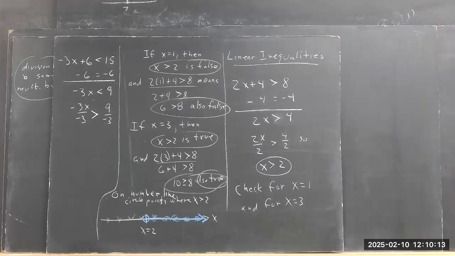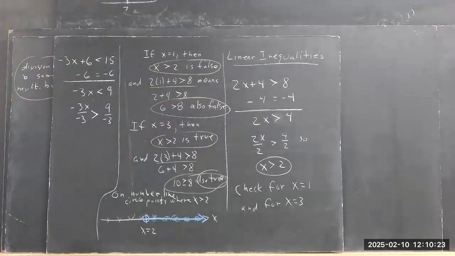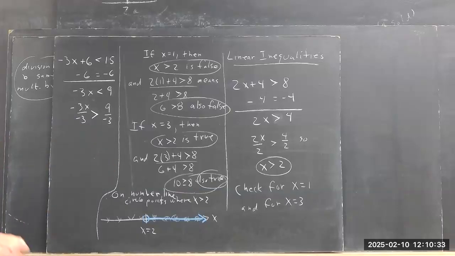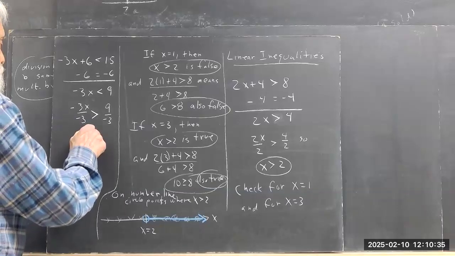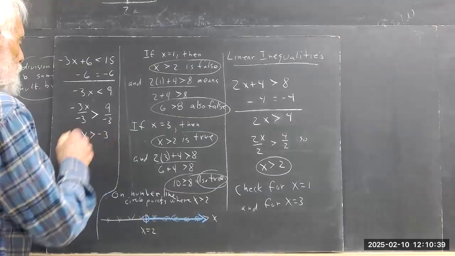Whether it's clear why that's true or not, right now make sure you know that it's true. This is the only difference between equalities and inequalities. With equalities, equality never changes when you do the same addition or subtraction on both sides, but with inequalities, it reverses. So you get x greater than -3.